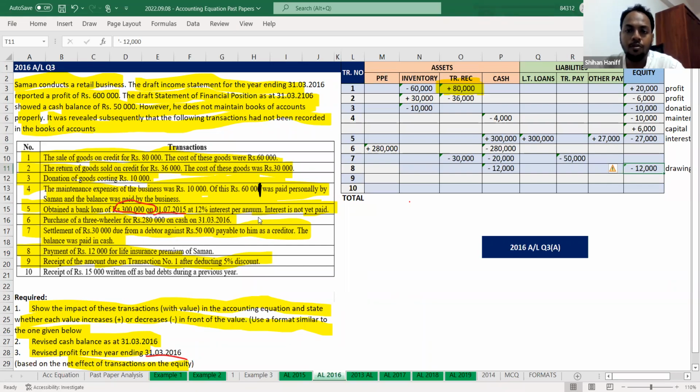Right? So 4,000 is a discount given. Cash received is only 76,000 and total trade receivable 80,000.